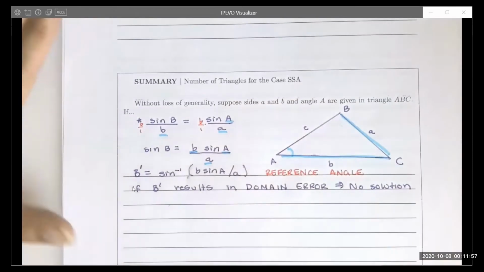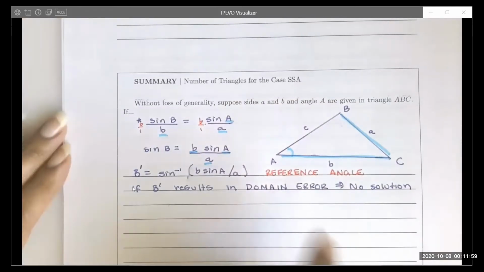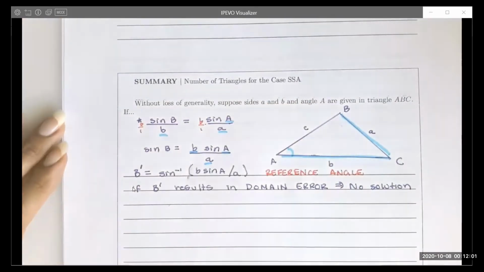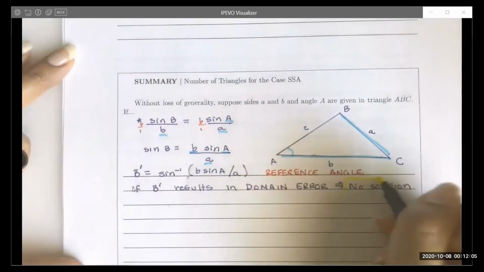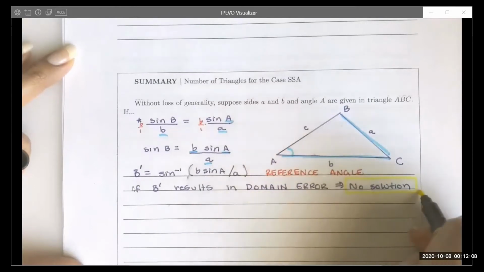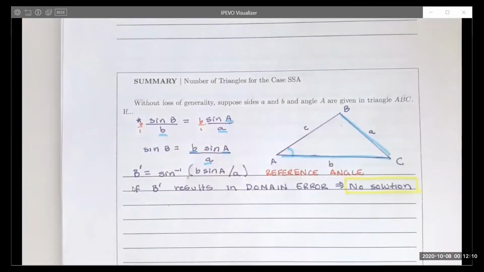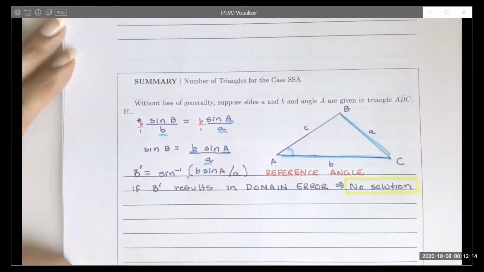There are no triangles that can satisfy the givens a, b, and angle A. Okay. Now, what if we do get a result for B prime?